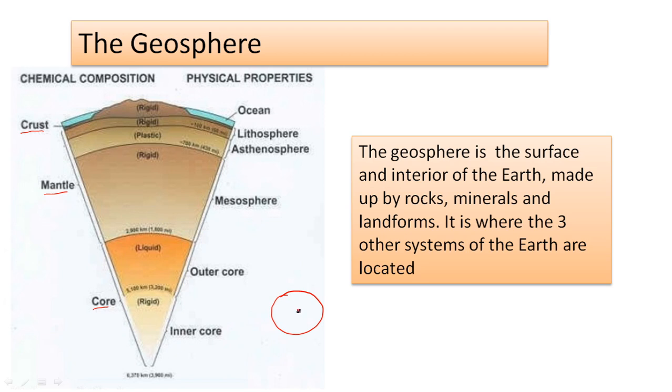So when the Earth was cooling down, the less dense substances or minerals or elements went to the surface, and because of the gravity, the denser materials sink to the center of the earth, right?